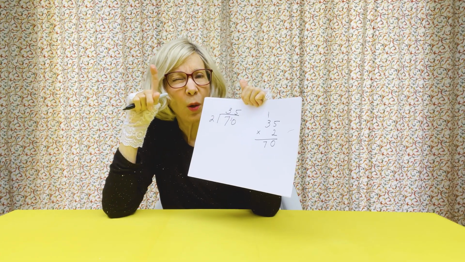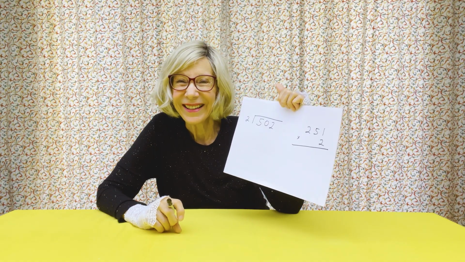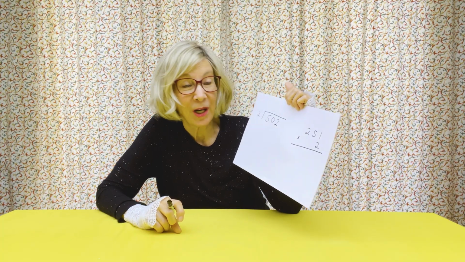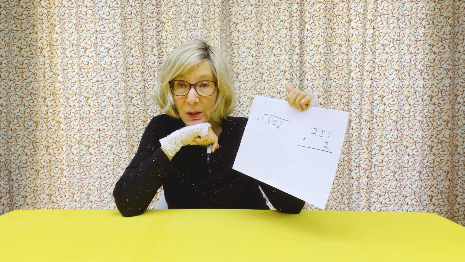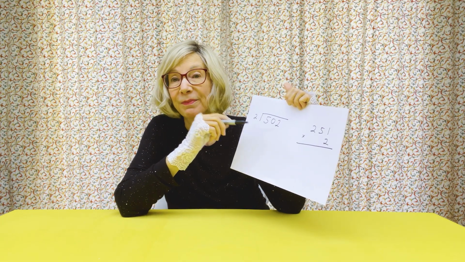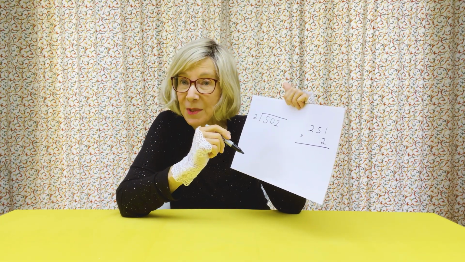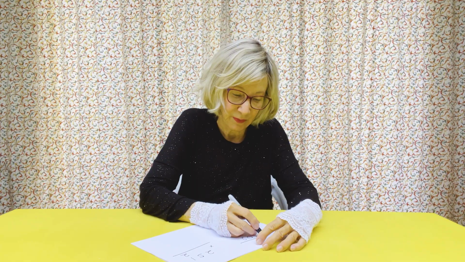We're going to do one more kind of thing here. You know I like 0, so now we're going to do another one with 0. Since we're doing shortcut division, how many times can you subtract 2 from 5? You know your times tables. We can subtract 2 from 5 only 2 times. And what do we have left?